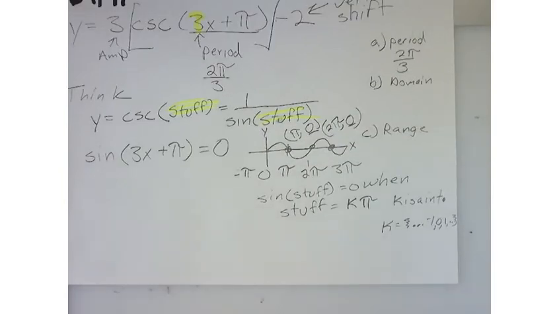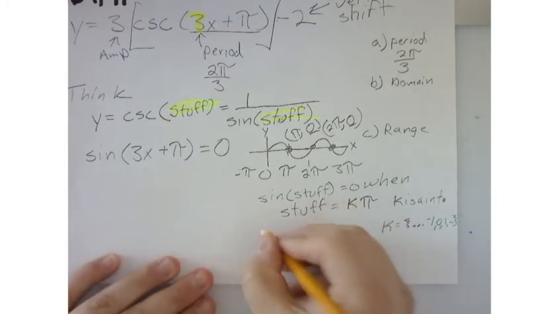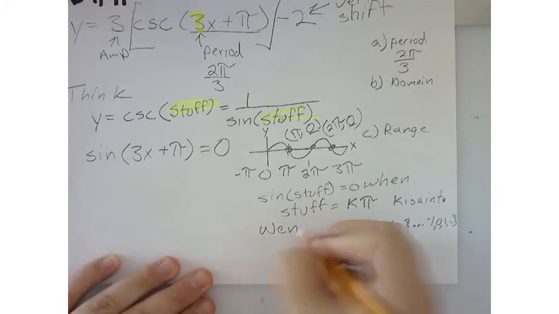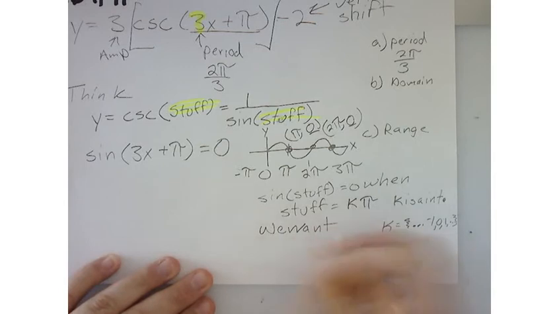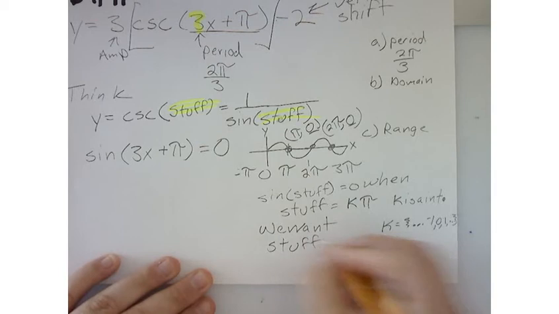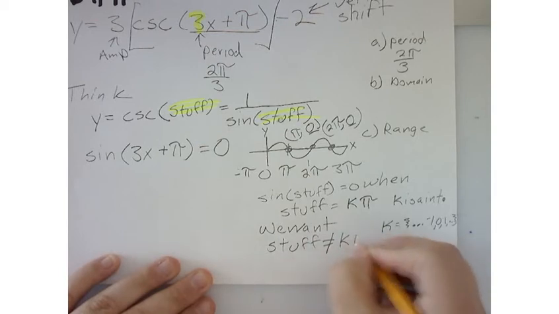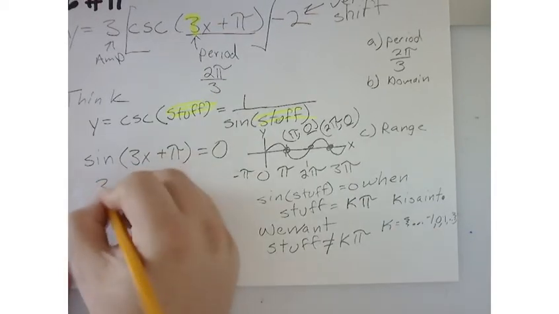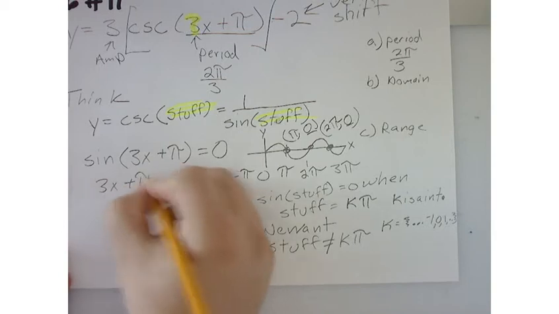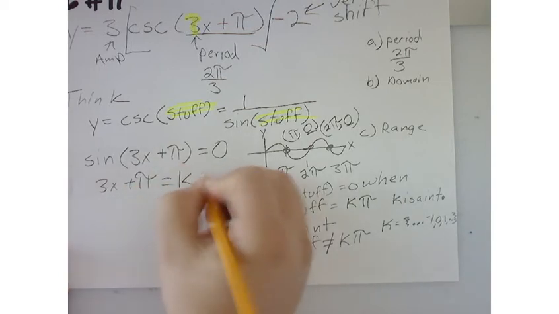But we don't want that. So what we want is the stuff not to equal k pi. In other words, 3x plus pi cannot equal k times pi.